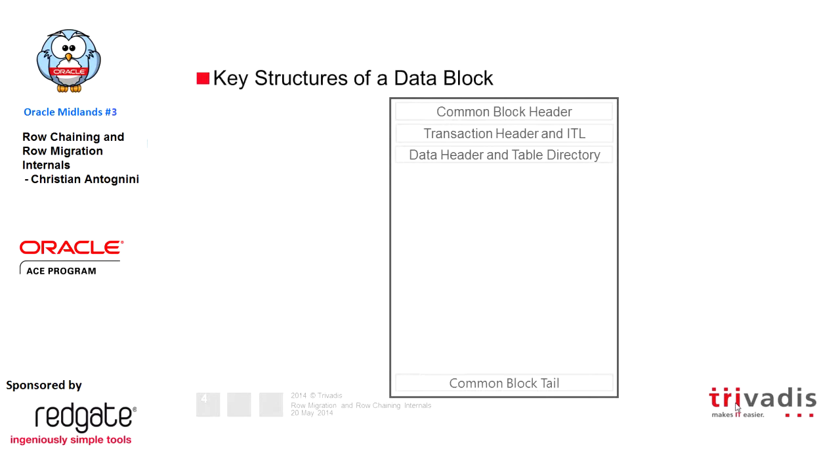So in the table directory you find a list of tables which are stored in the block itself. Then you have the row directory, which has a reference inside the table directory, because the table directory tells you, okay, at this offset I have my rows.